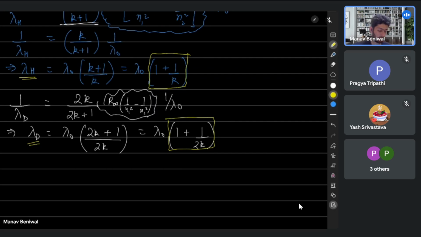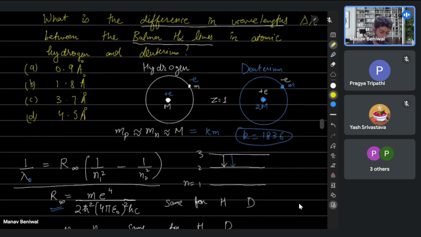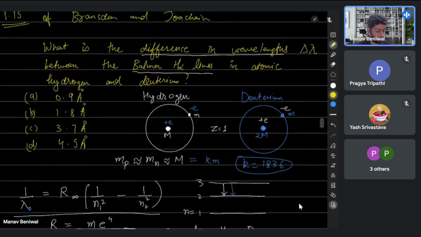That is what we have to find. If we go back to the question for a second, we have to find the difference in wavelengths, delta lambda, between the Balmer H alpha lines for hydrogen and deuterium. Is it option B? Yes, it is option B.